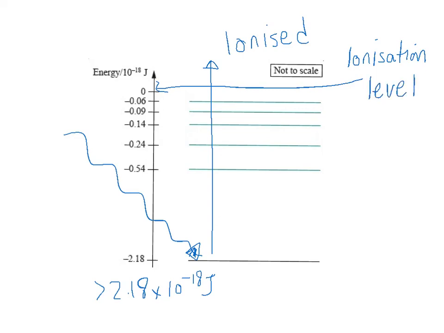So if a photon came in and the electron absorbed that energy and it was greater than 2.18 times 10 to the minus 18 joules, the electron would be ionized from the atom.